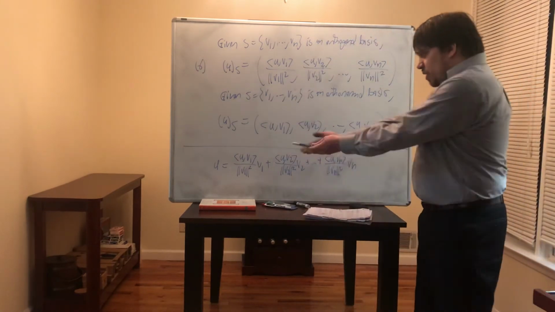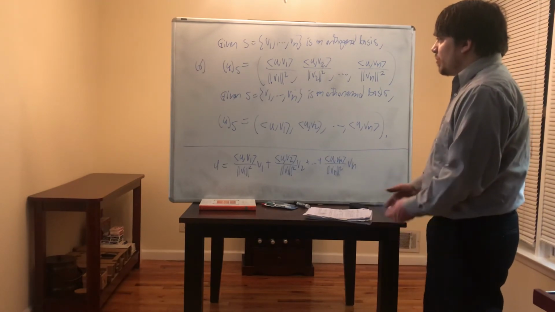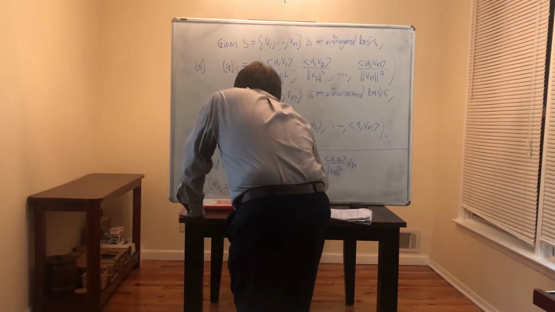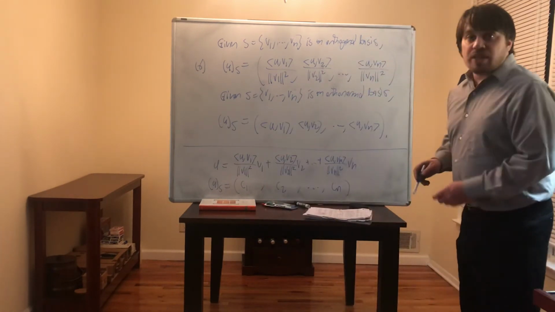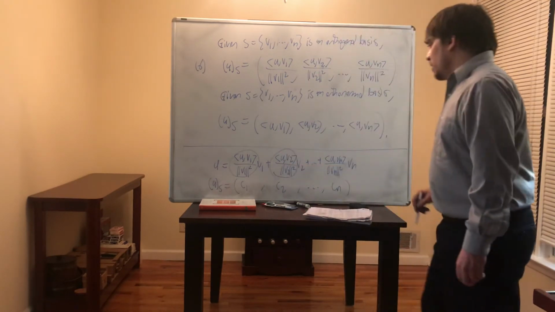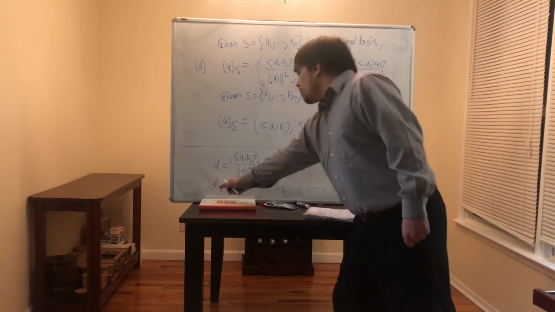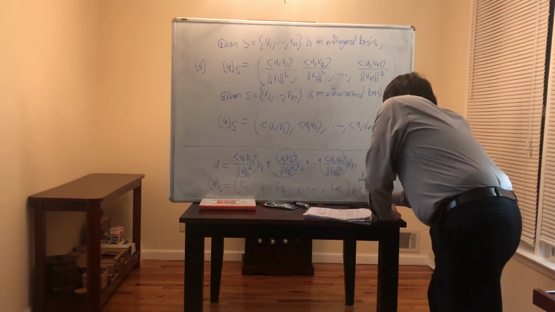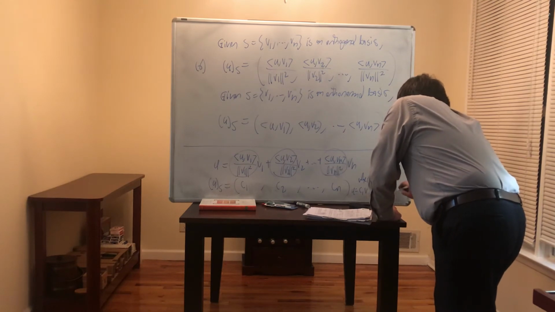Okay, so if you can express u like that, then basically the coordinates of u relative to S would be c1, comma c2, comma dot dot dot, comma cn, where c1 is the coefficient of v1 there, c2 is the coefficient of v2 there, and cn is the coefficient of vn. Because the coordinates of u relative to S is equal to this, where u is equal to c1 v1 plus c2 v2 plus dot dot dot plus cn vn.